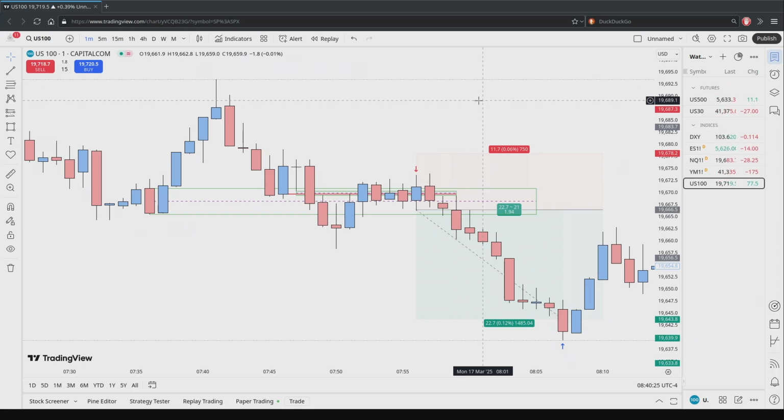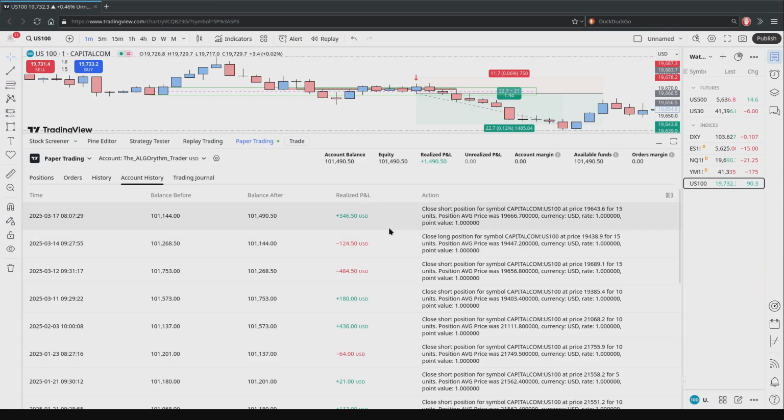You're more than content with taking that loss home for a weekend and looking back at it, seeing where you went wrong, what could have been different. The only reason we took that loss was because of the spread on the paper trading account.